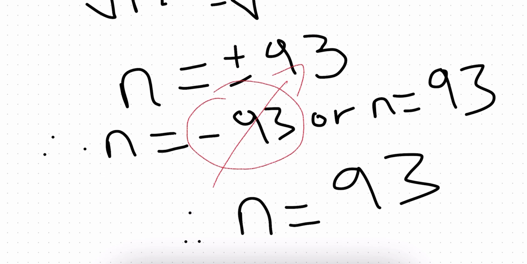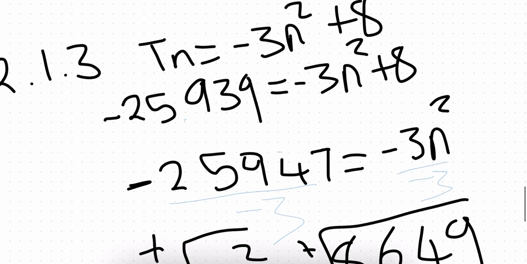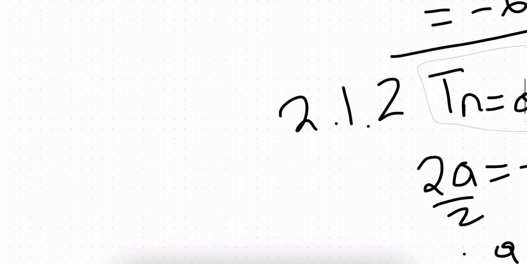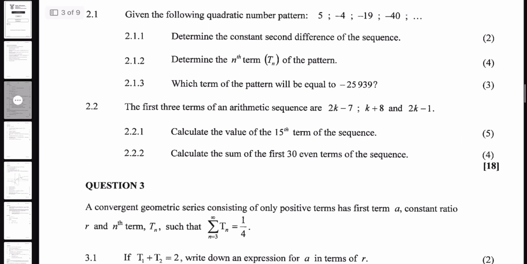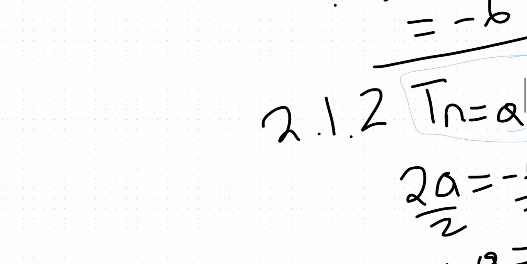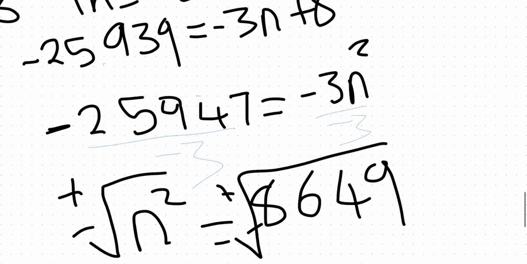Go back to the question and check if you've answered the question. What were they asking you in the original question? They asked you to determine which term in the sequence will be equal to this. You haven't really answered the question. You just determined the value of n, right?